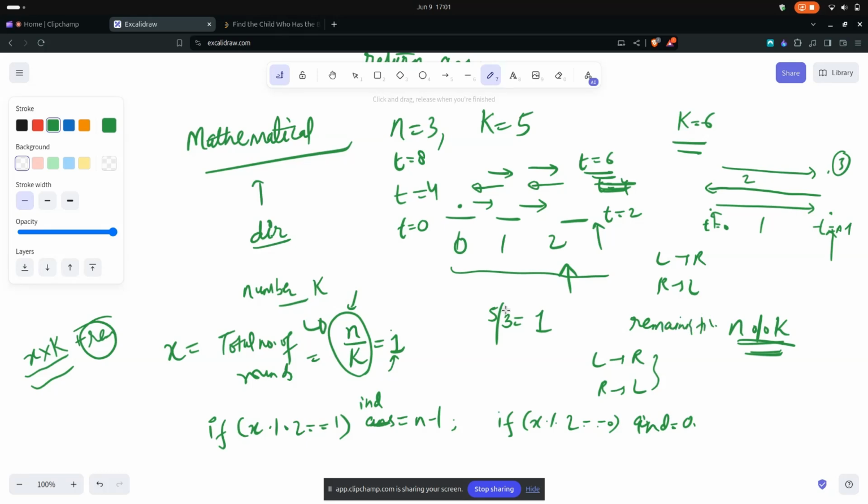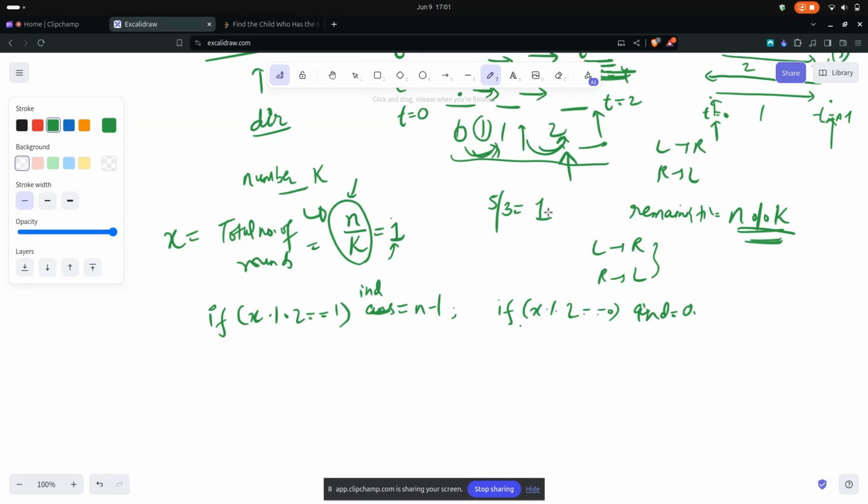Now if we are at the starting point, then what's the index of the child we want? From 0 it will go to 1. So if the remaining time is 1, we will be at 1, and if the remaining time is 2, then we will be at 2, and if there are more children, we just add the remaining time.